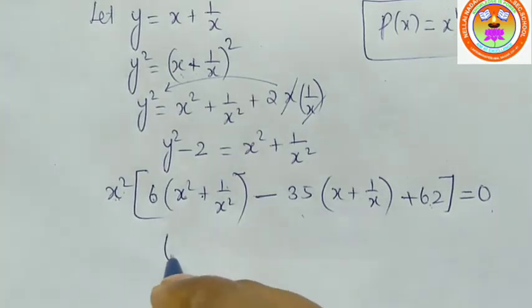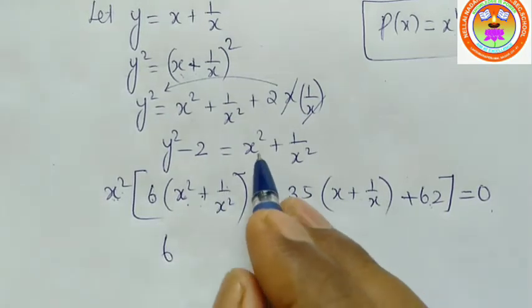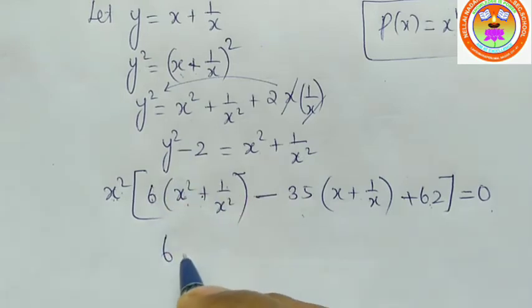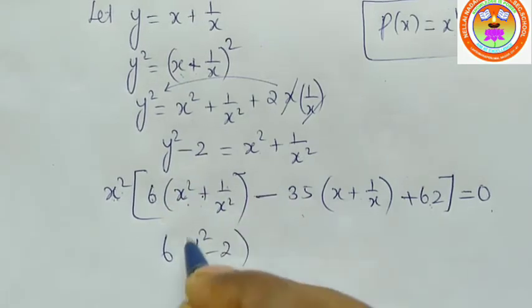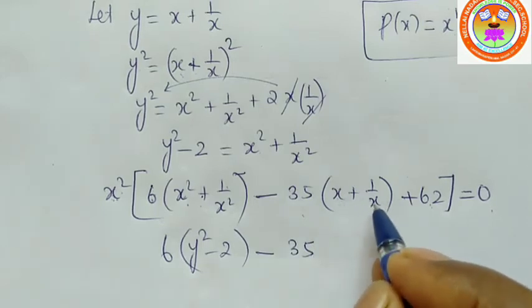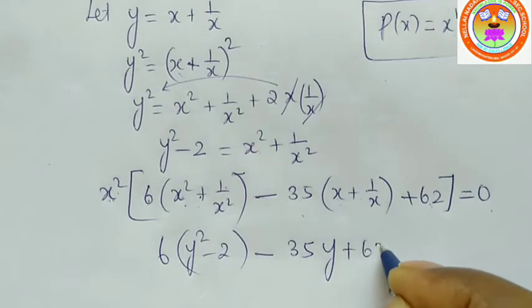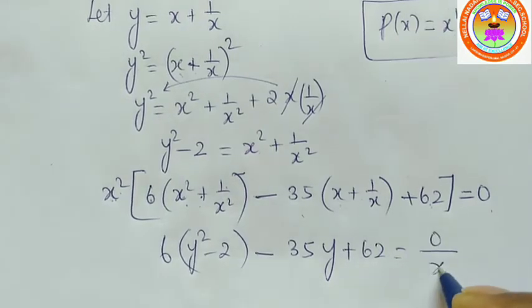So we will get 6 into x square plus 1 by x square. X square plus 1 by x square is y square minus 2, minus 35 into x plus 1 by x, that is our y, plus 62 is equal to 0 by x square.